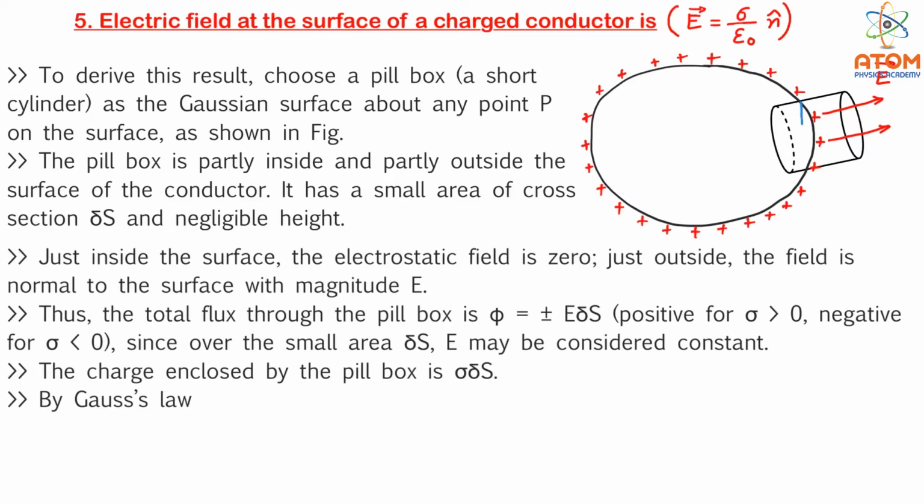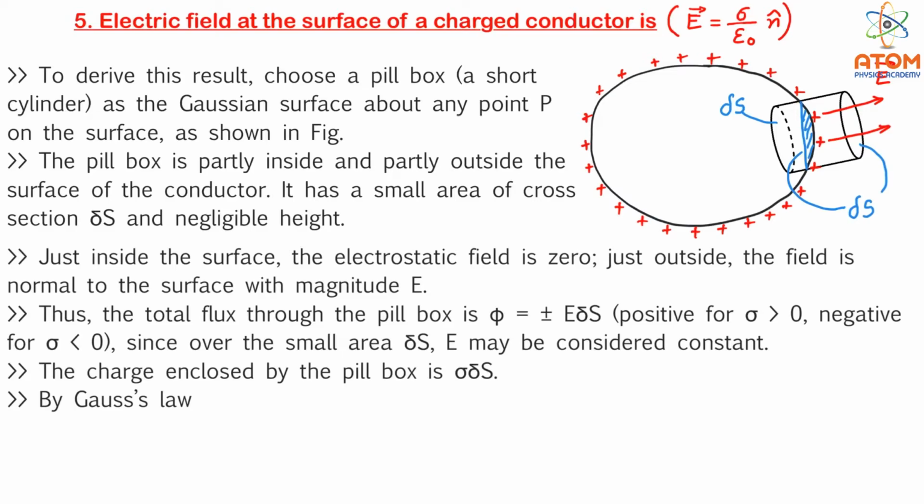Let me mention it here. This is the small area, that is delta S. Obviously, this will also be the same area, delta S, and this will also be the same area delta S, because it's a cylinder, so everywhere the area will be the same.